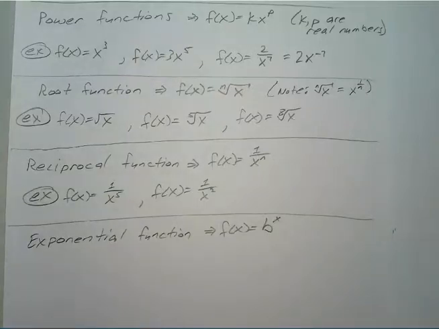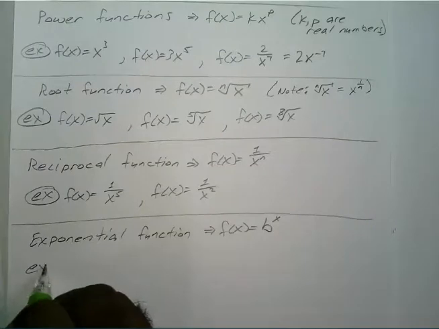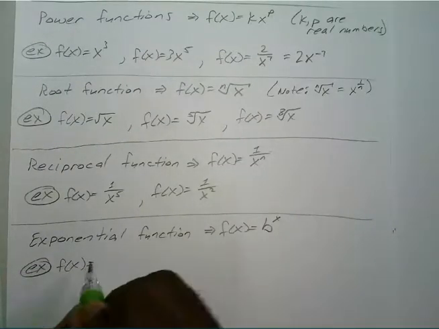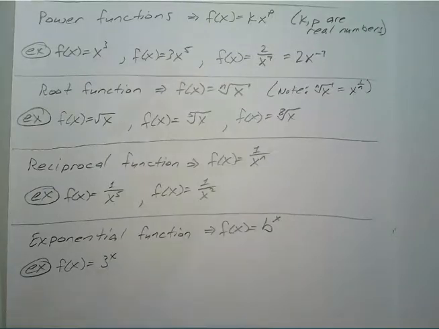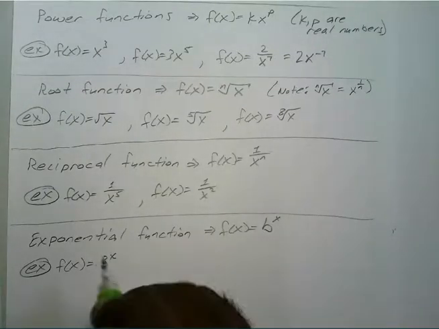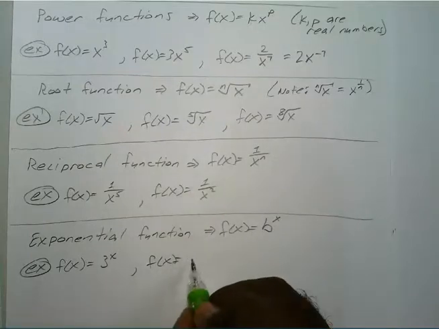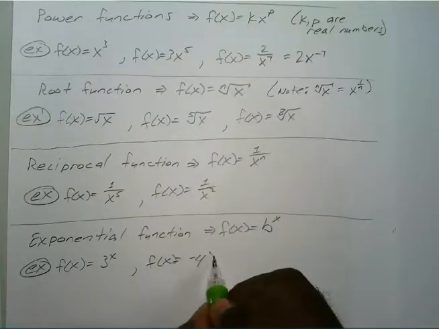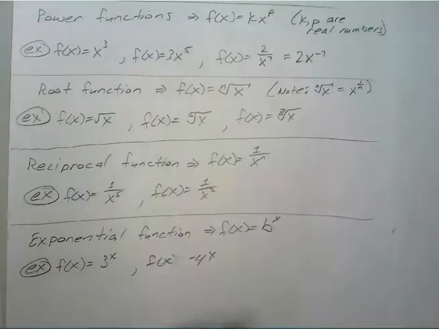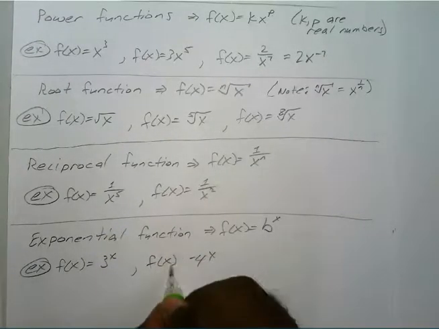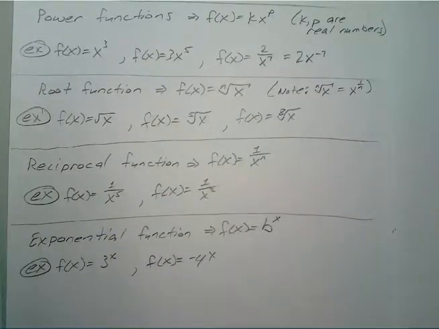All right, so for example, if you have f of x equals 3 to the power of x, that's an exponential function. Or f of x is equal to negative 4 to the power of x. Let me clean that up a little bit. Okay, those are both exponential functions.